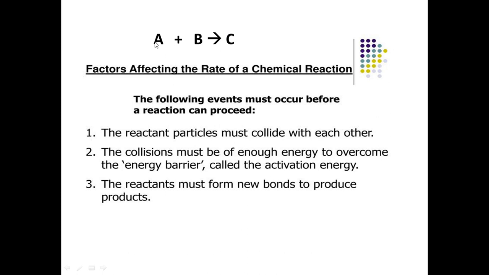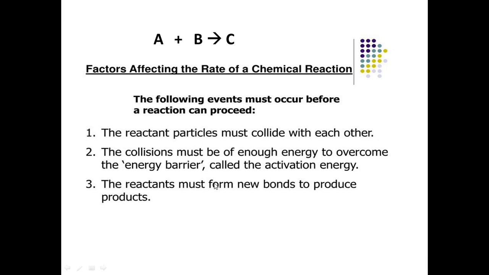Before you can convert A and B to C, there must be a collision between A and B. The molecules of A and B must collide with each other to give C. Now the collision must be big enough to produce an energy which can overcome what we call an activation energy, which we are going to discuss in the next few slides.